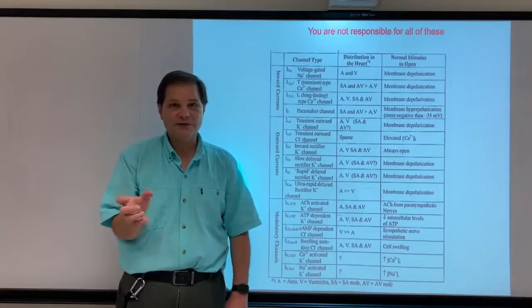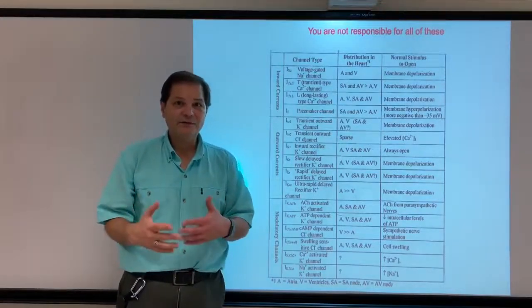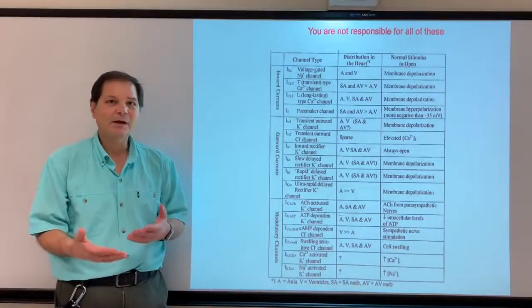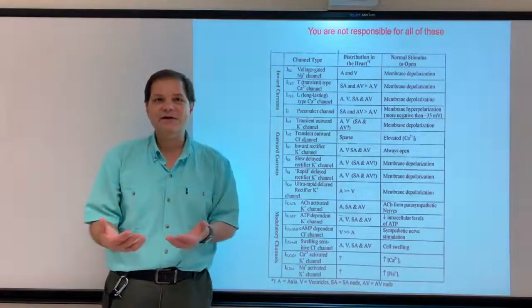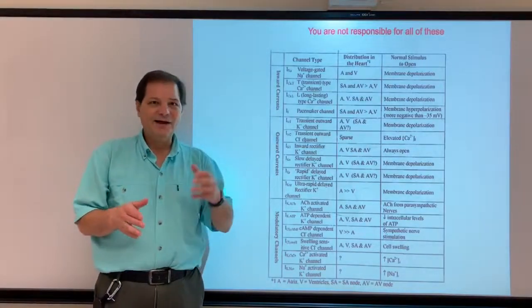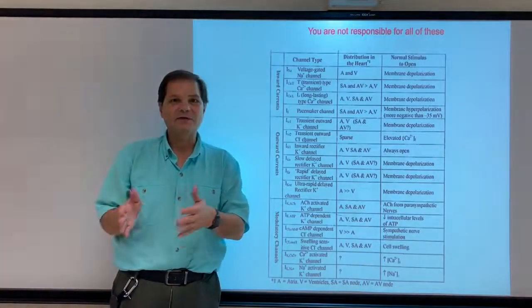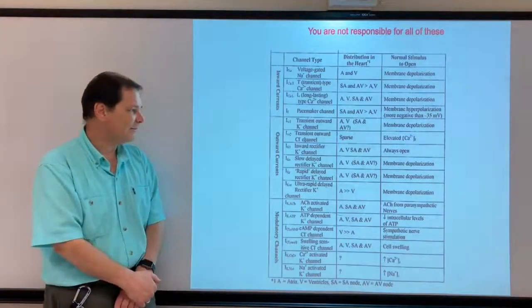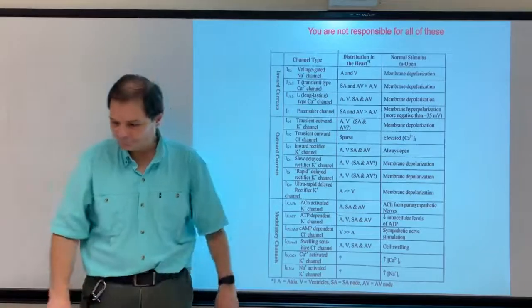They're not encoded by the same genes. They act the same, so you can treat them as being the same physiologically in the terms that we're going to talk about. But when we talk about mutations in genes, you'll find a mutation in the sodium channel in the heart is not necessarily going to affect skeletal muscle or nerve. In fact, probably will not, okay? So it's worth bearing that in mind. The genes are different, okay?